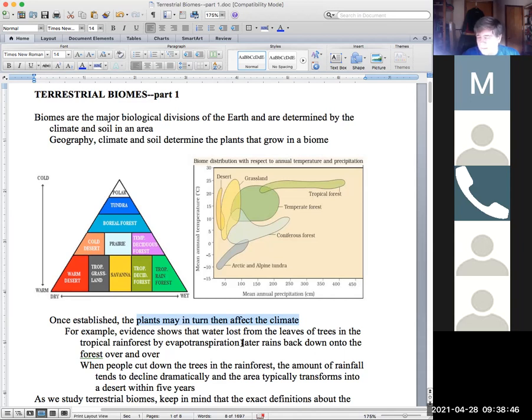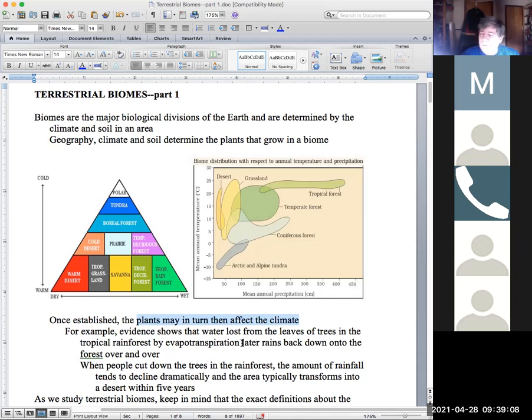Now there's another factor. Some of this water does rise over the tops of the trees, and this also creates high humidity right over the rainforest. So remember, we just said rainforests might get 30 inches of rain in a season.